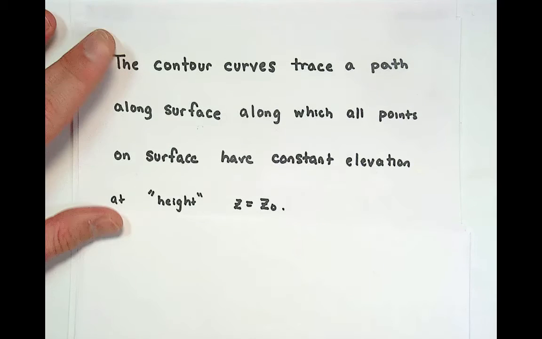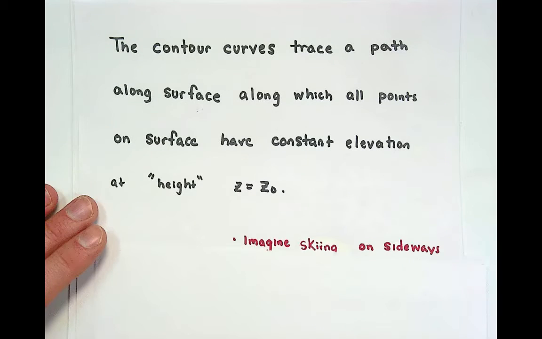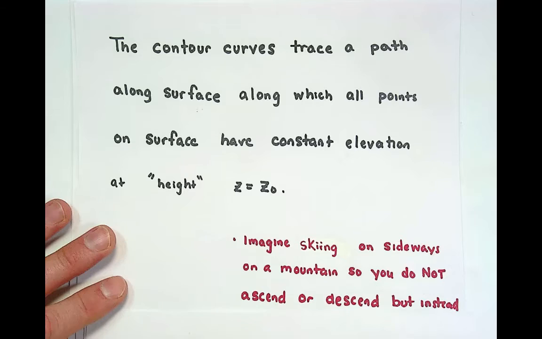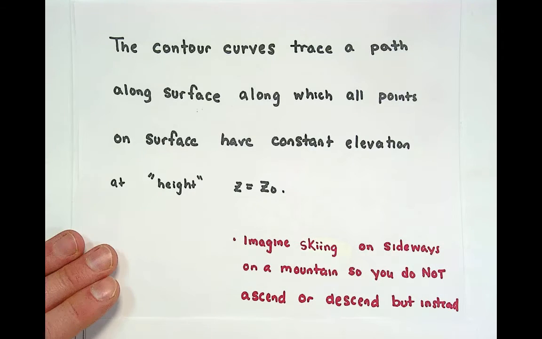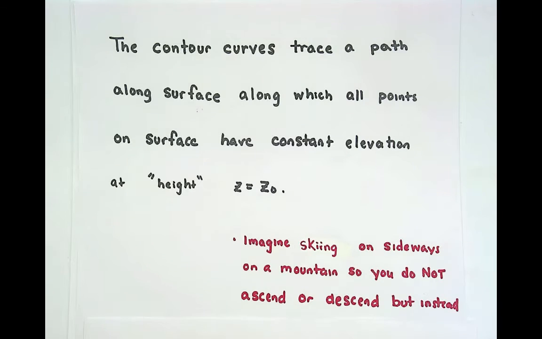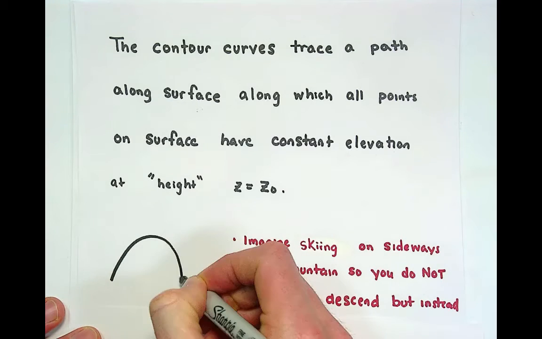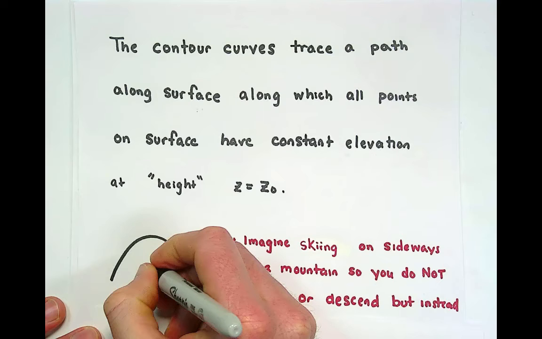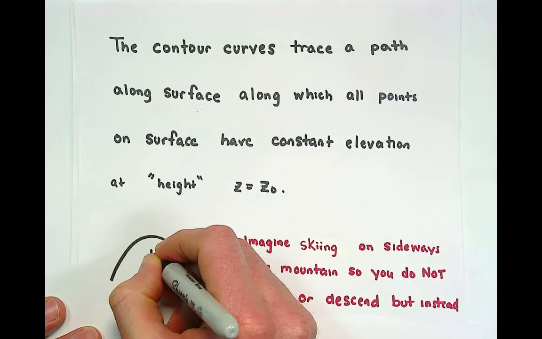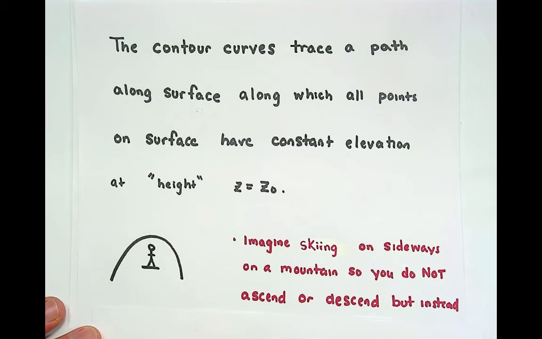A fun way to imagine this is imagine you're on the side of a hill skiing, and instead of going down or up, you point your skis directly perpendicular to the steepest descent line, to the thing that goes down, and then you ski literally sideways along the hill. So here's a hill, here's you, and I'm going to go ahead and make an absolutely beautiful artist drawing.